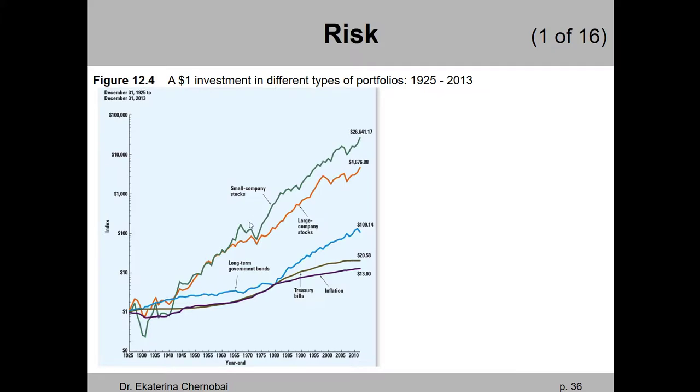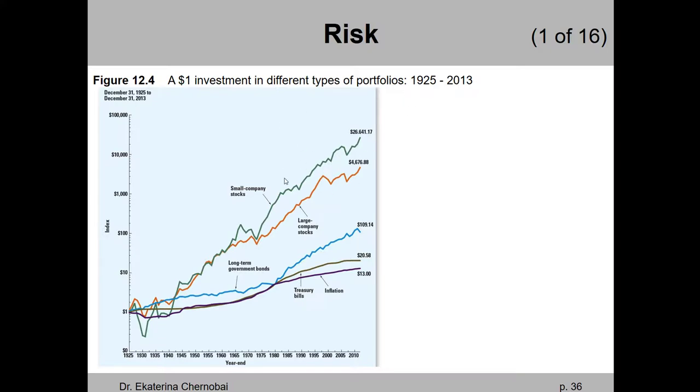So we are comparing these 4 historical investments, how the money has been changing when invested into each of these investments individually since 1925 until roughly 2013. 2013 is the last year. So this 88-year time period.